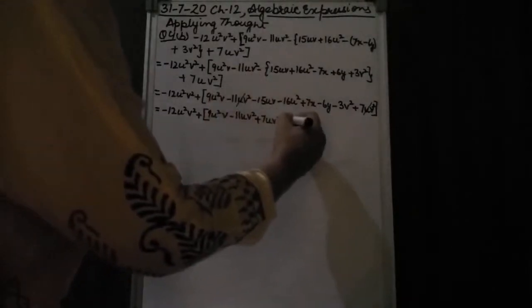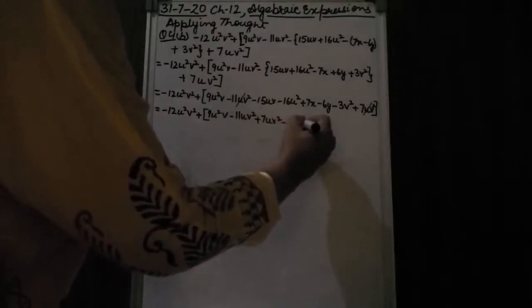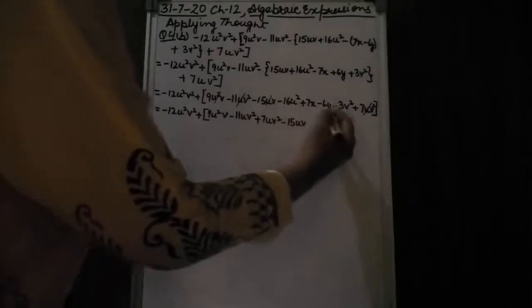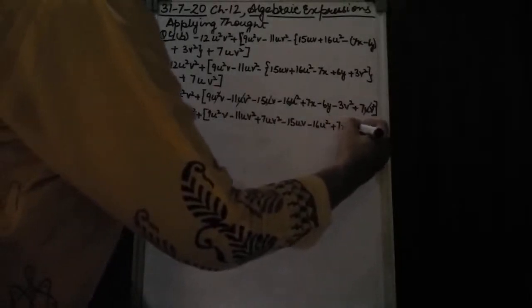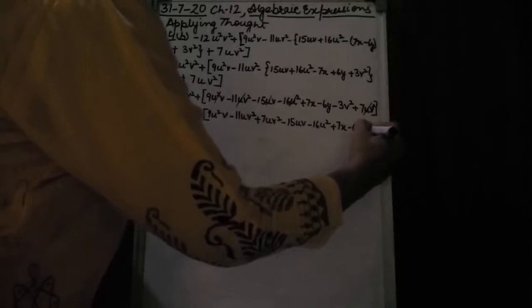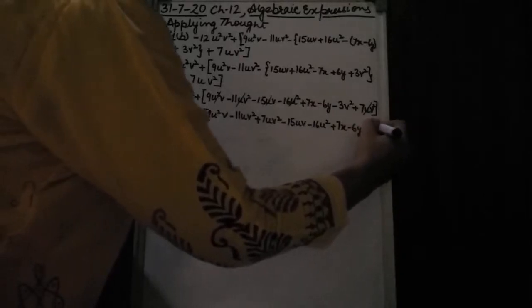Now any other term, minus 15 uv, so I have written these terms, minus 16 u square taken down plus 7x minus 6y minus 3v square, close the bracket.